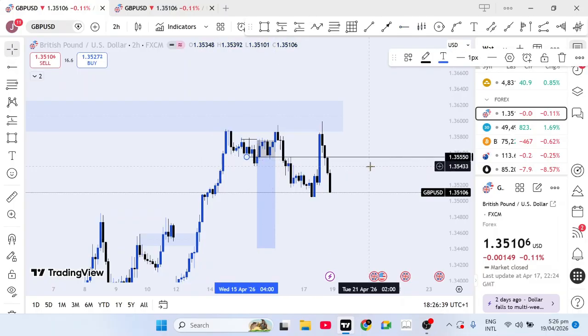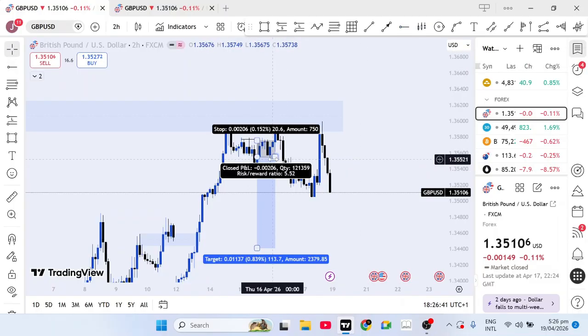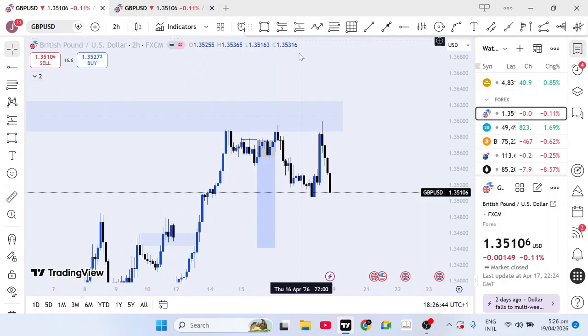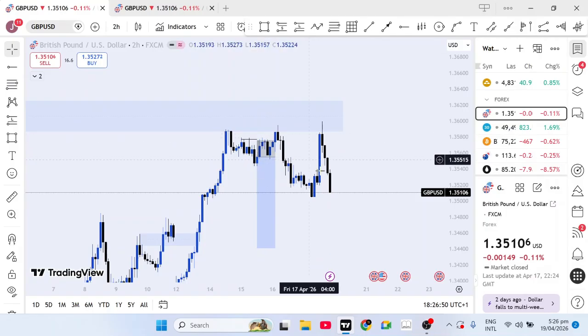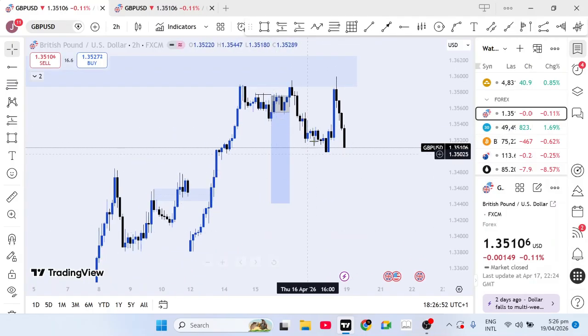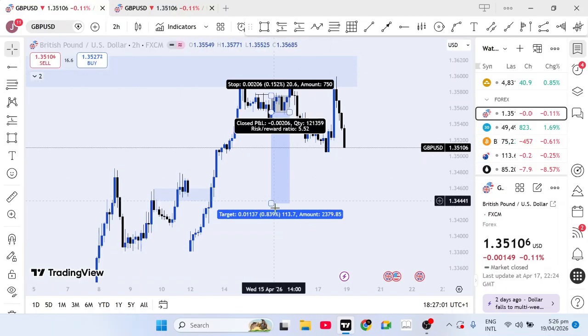After price broke that low out, I saw that as a confirmation to move downwards. So I just set my limit order here, and I set my stop loss above here, waiting for price to retrace. But as you can see, price just went straight to my SL, and then dropped a little, though it did not get to my take profit.